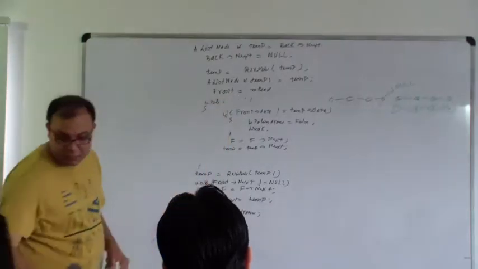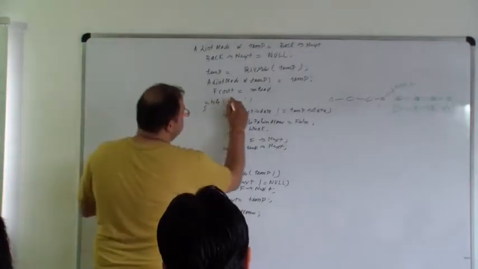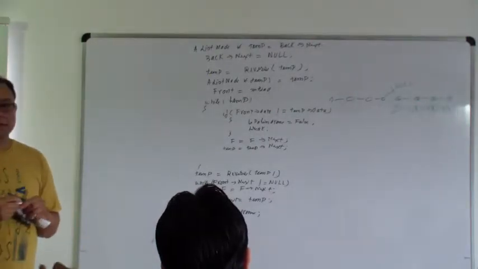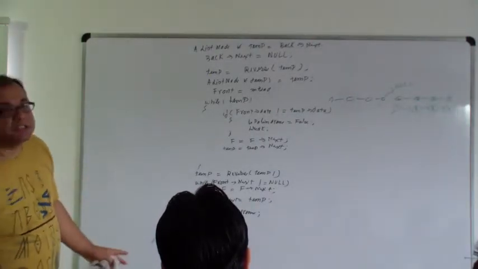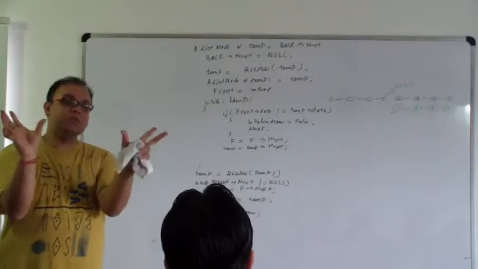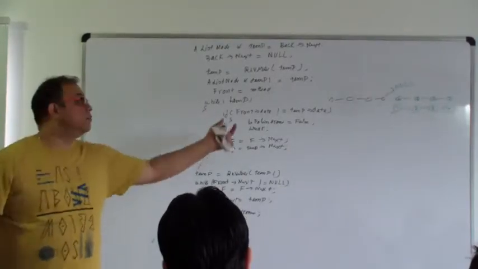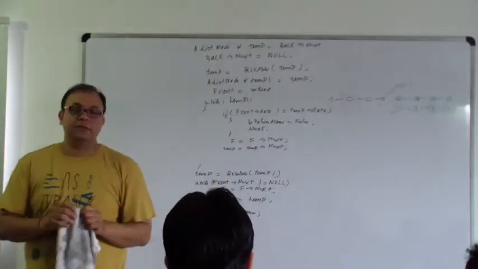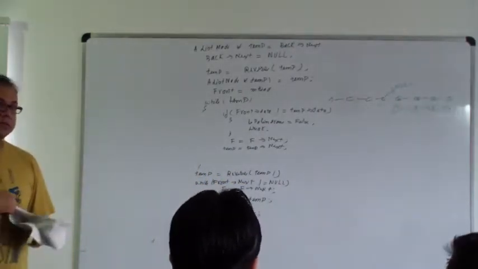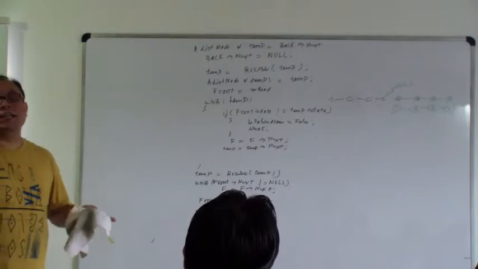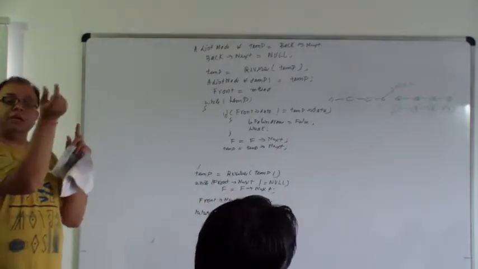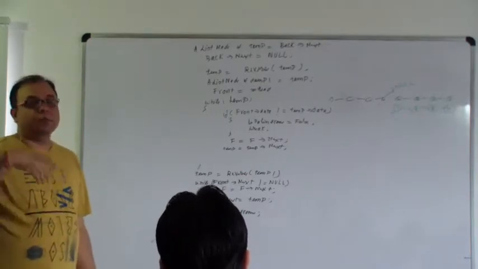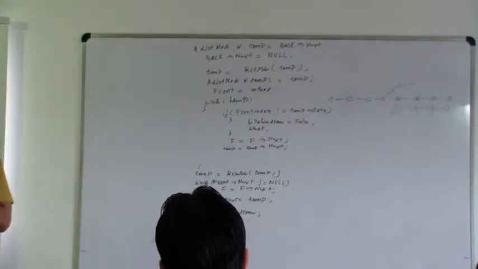We are assuming that temp will always be smaller, because when we divide, either they will be equal or one will be bigger. We have to figure out which one is bigger. And what about the last one, in case of odd? The one which is remaining is a palindrome no matter what it is, right?